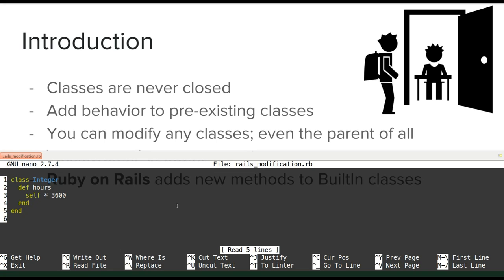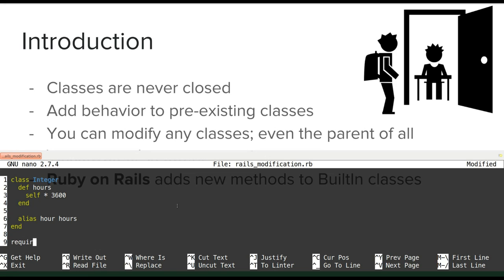So the output result would be in seconds, and we assume that the already existing value in that object is in hours. Let's alias that method with hour so that we can use both messages to convert hours into seconds.